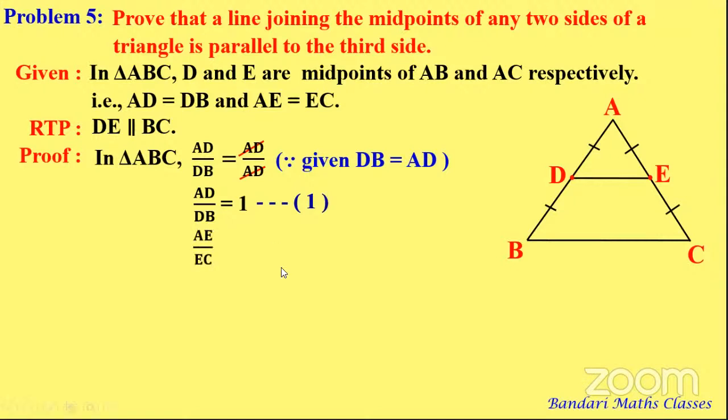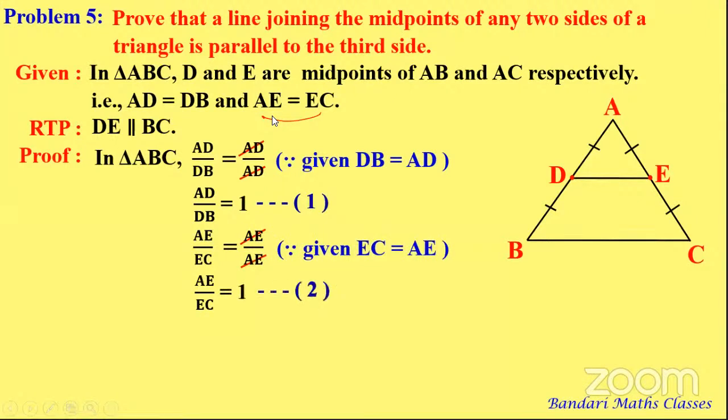Next, we calculate AE by EC. Instead of EC, here EC is equal to AE, no doubt. So AE by AE gets cancelled. AE by EC is equal to 1, equation number 2.